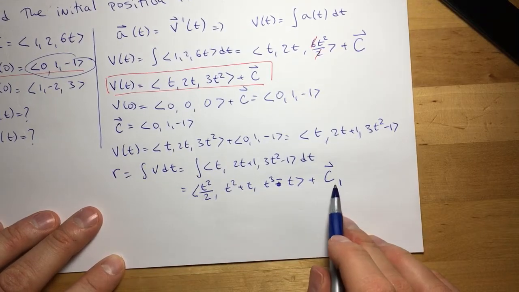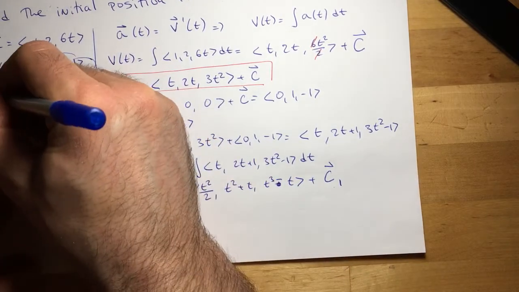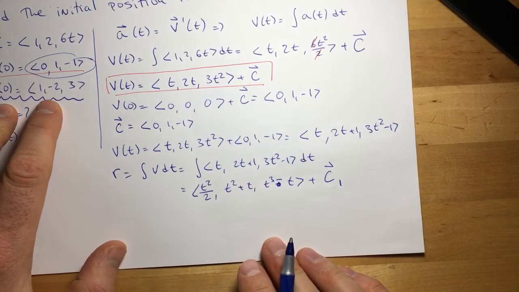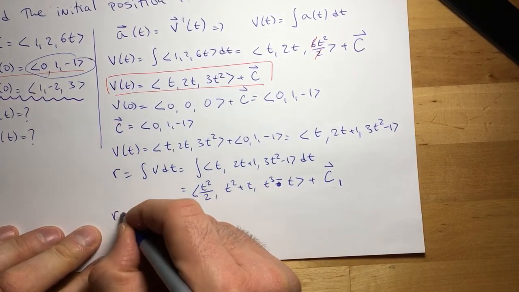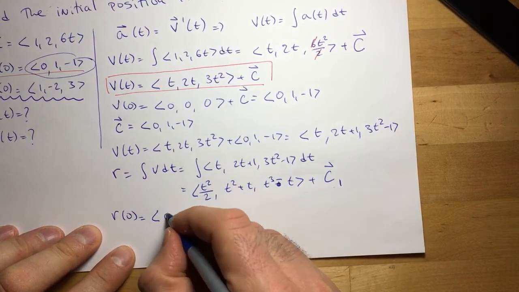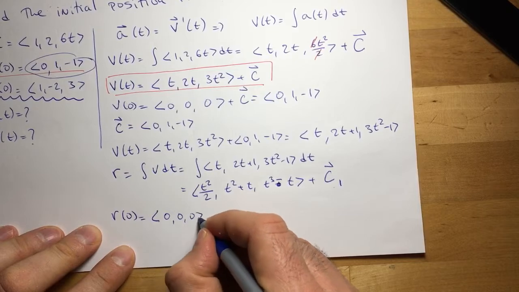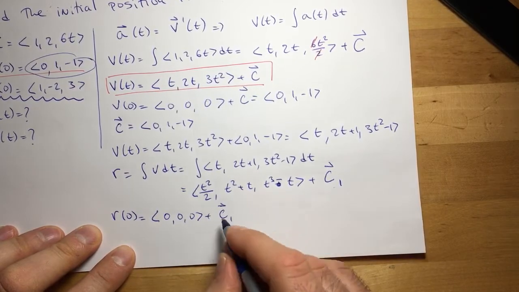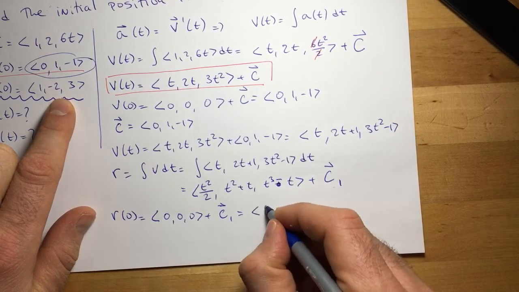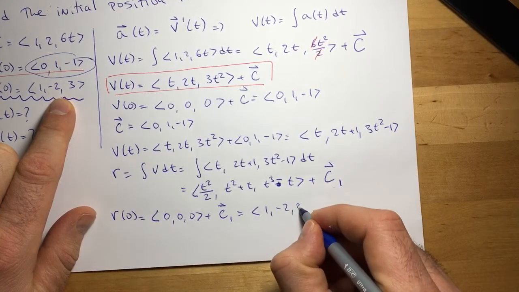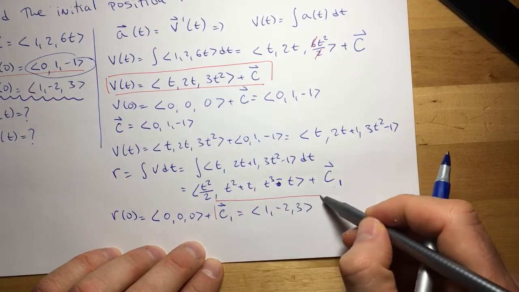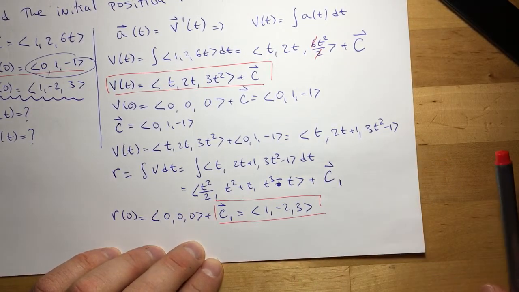Now how are we going to find c1? Well, we'll look at the initial position of the particle. So r of 0 is equal to, here plug 0 everywhere, and then you get the 0 vector again, plus this vector c1, which by this condition is equal to ⟨1, -2, 3⟩. So the vector c1 is equal to ⟨1, -2, 3⟩.